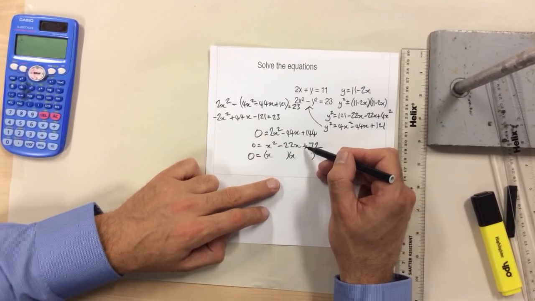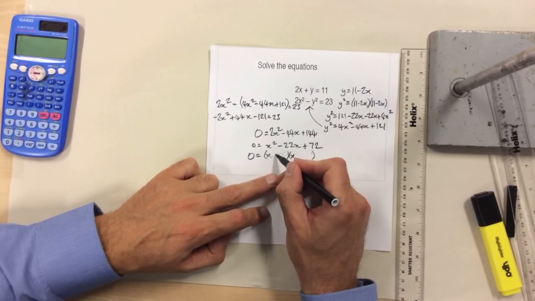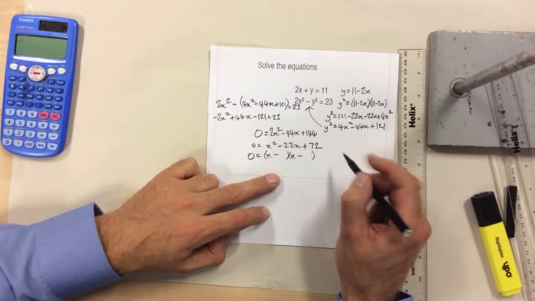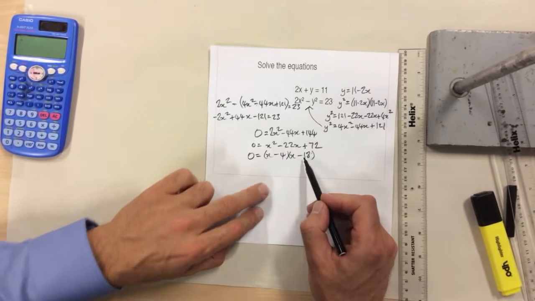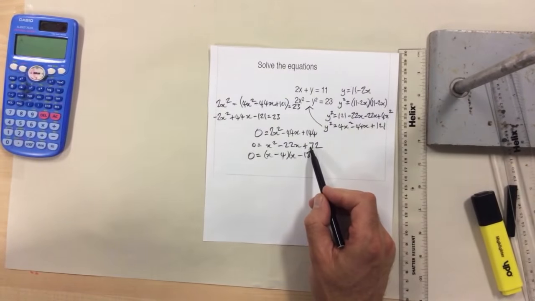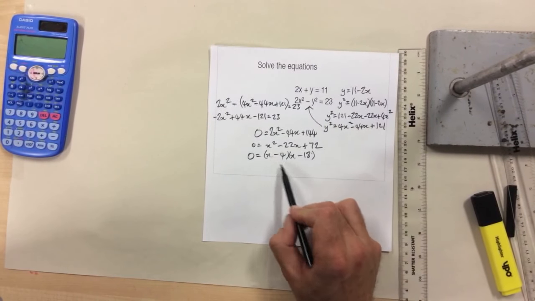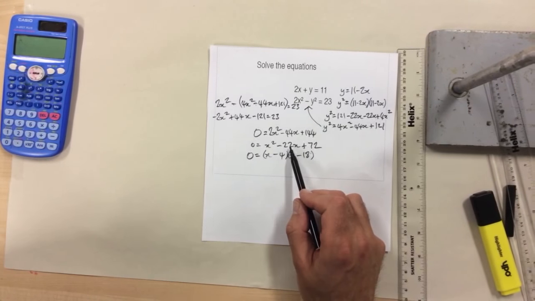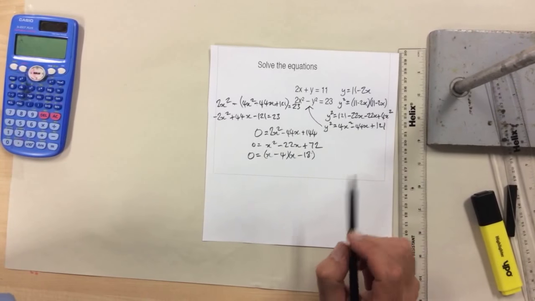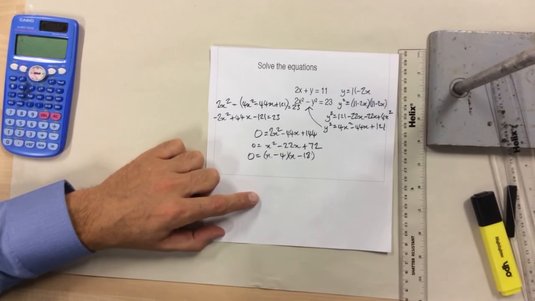This positive sign at the end is telling me that my signs must both be the same, and in this case they're both negative. And 4 times 18, or negative 4 times negative 18, gives me positive 72 at the end. Minus 18x minus the further 4x gives me a negative 22x there, and we've got x squared at the beginning. So we factorise that correctly.